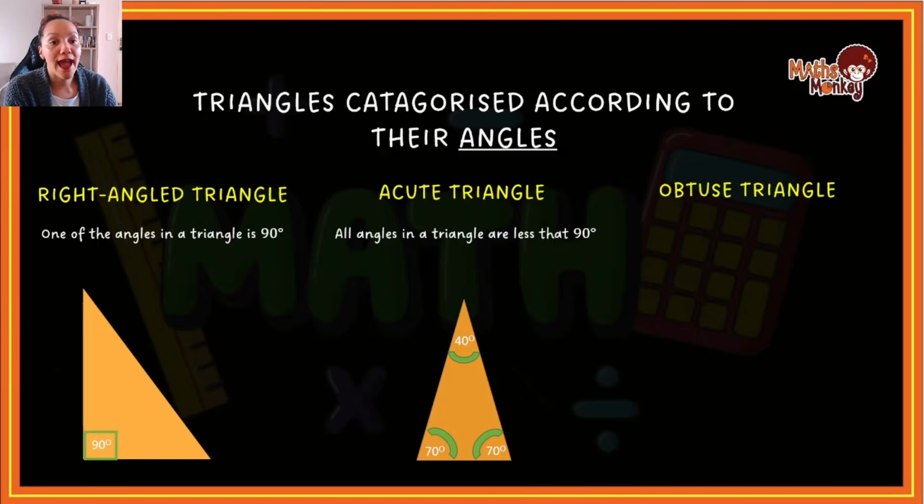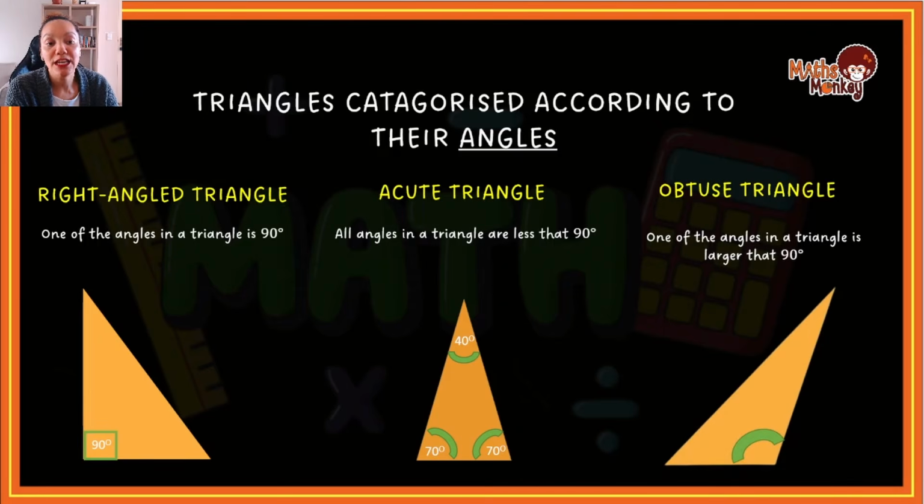And then we have obtuse triangle, where one of the angles in the triangle is larger than 90. So in this case, this is larger than 90, and so the other two will be less than 90, but all of it always adds up to 180. Okay, so this is just the three different types of triangles categorized according to their angles.